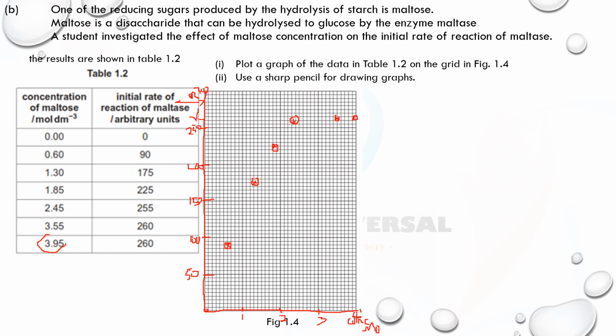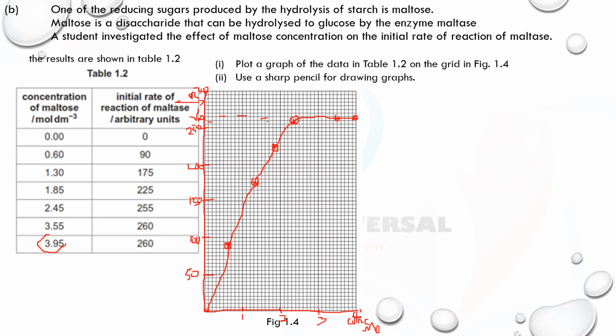But before then you have to connect the dots. Connect this and this. You can see that as concentration is increasing, rate of reaction increases. Connect the plotted points. So that's our Vmax, 260.